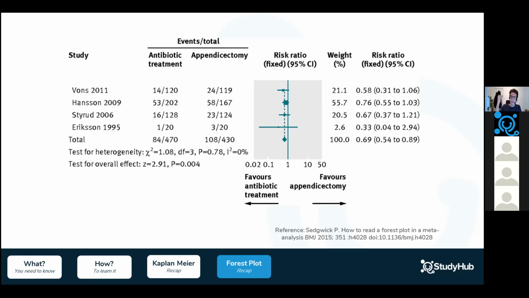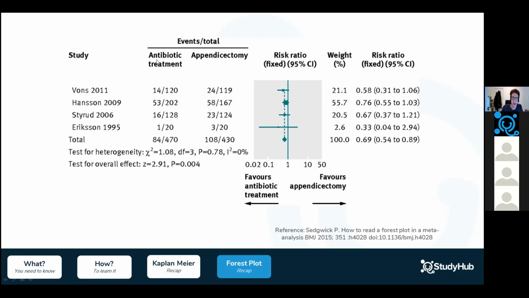The highest level of evidence for a treatment or for a specific association for a risk factor is always a meta-analysis, where you take many different studies and pool all of their results together to make an even stronger overall result. And the overall outcome of this meta-analysis is represented in this row here that says total.